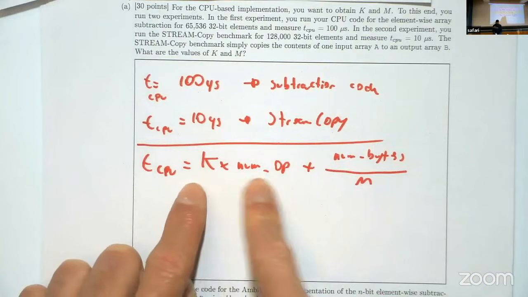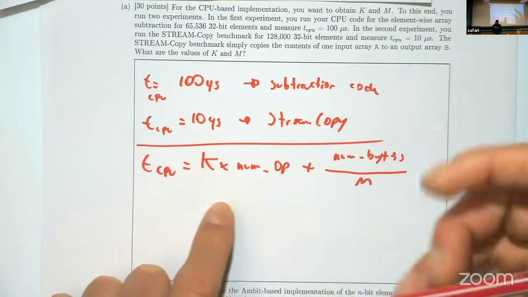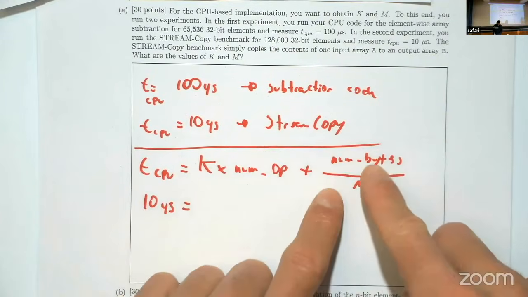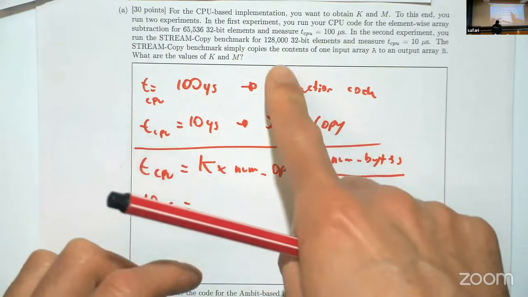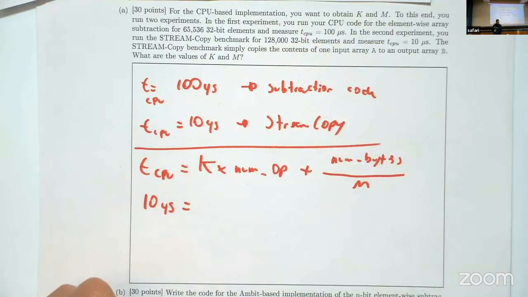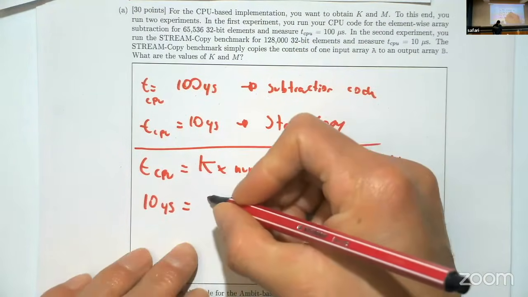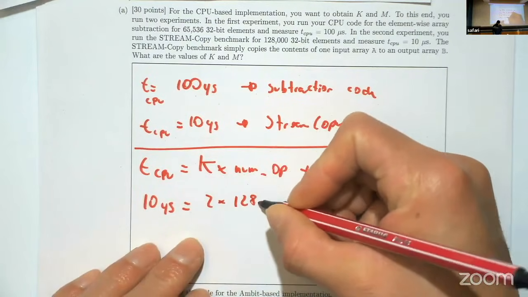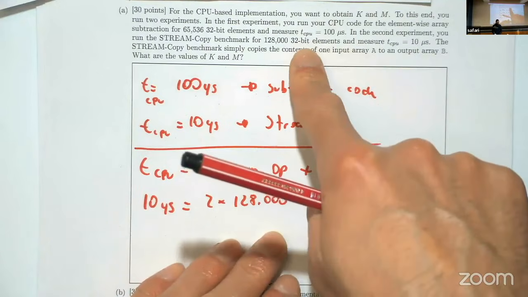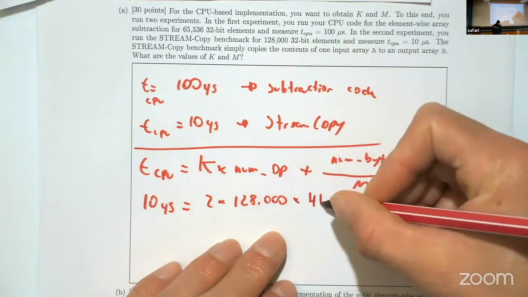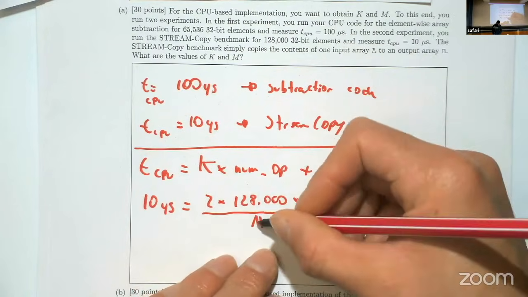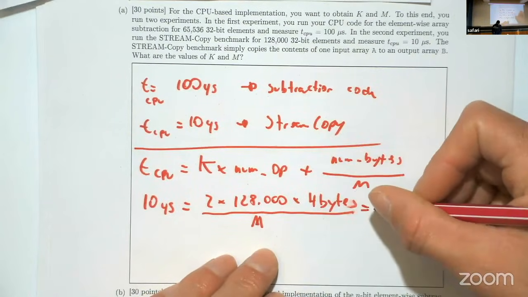So this first portion, K times num operations, is 0. So you know that the 10 microseconds should be equal to the number of bytes that you're going to read. So you're reading 128 32-bit elements, both input and output, so this is going to be 2 times that. And each one is 32 bits, so 4 bytes, divided by M.